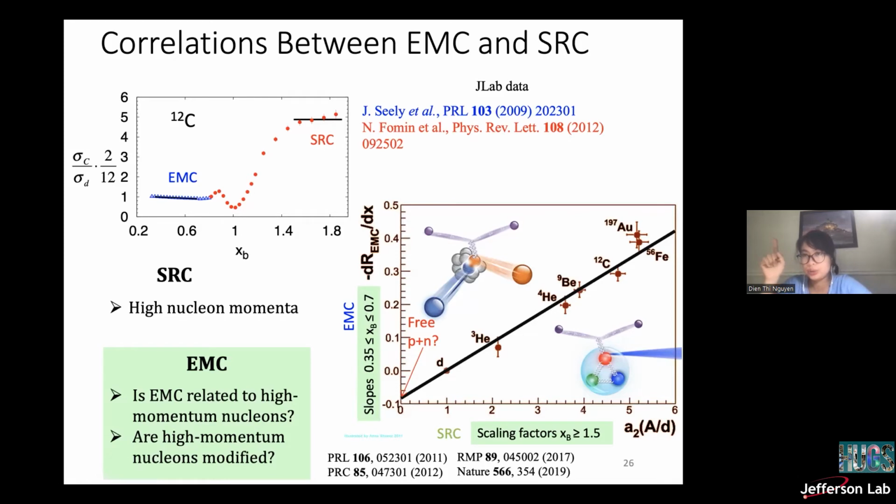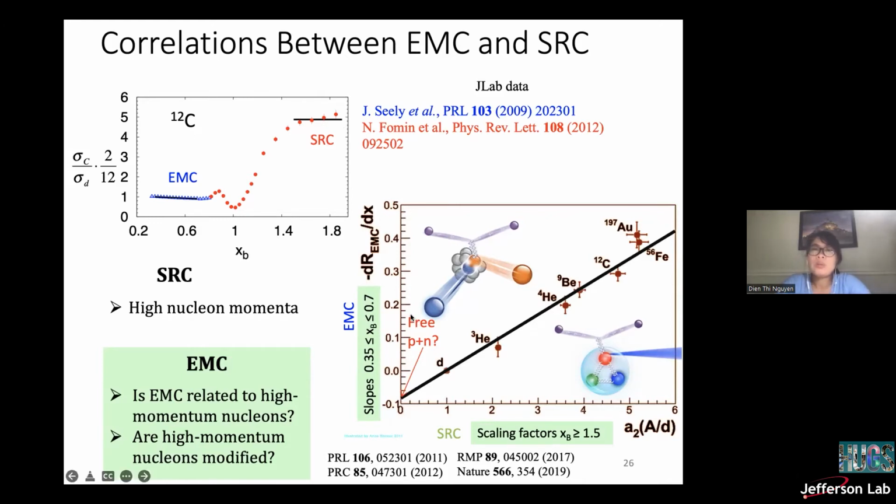It is A2. I remind you, if you forget: A2 is in the area where the short-range correlation is dominant. It is the ratio of the cross-sections, and it's shown at the plateau here. The value of this plateau characterizes the SRC, so we call it A2.